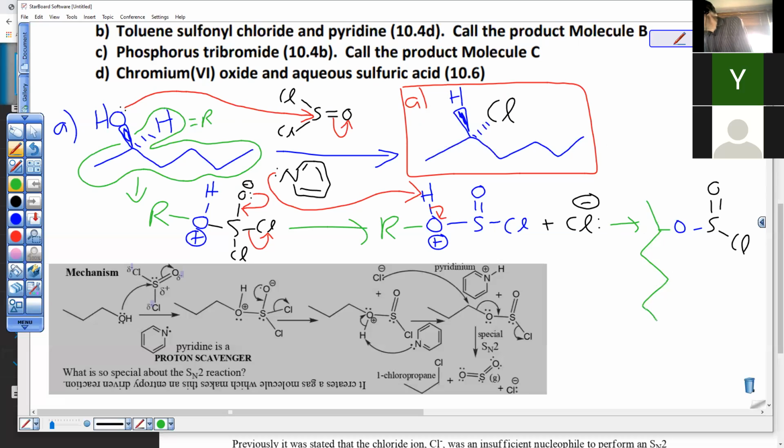Need one more. Cl minus attacks the carbon. Backside attack. Sigma becomes pi. I'm imitating these two arrows here. Attack the carbon. Sigma becomes pi. Cl minus leaves. And you have finished the mechanism.